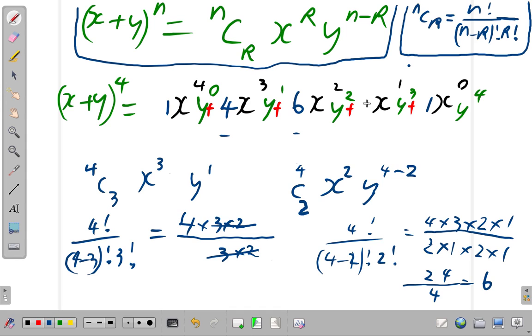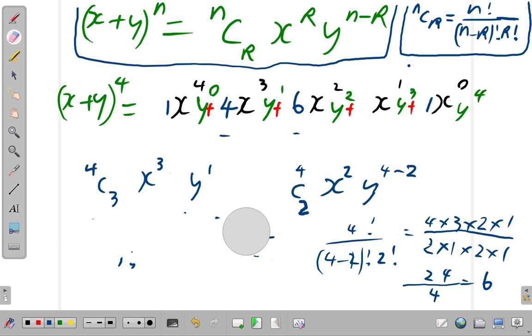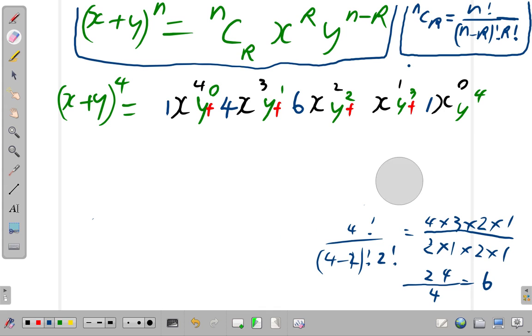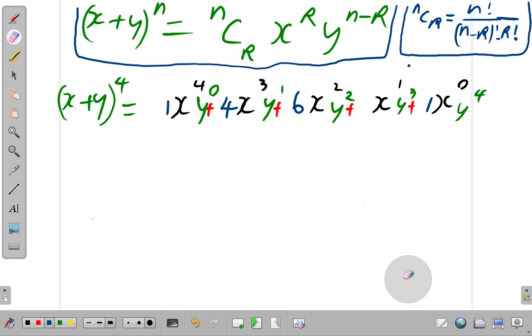Now what number should come here? That's the next thing we want to see. Let's erase these. Which number should go there? What we have here is x to the 1, y to the 3.